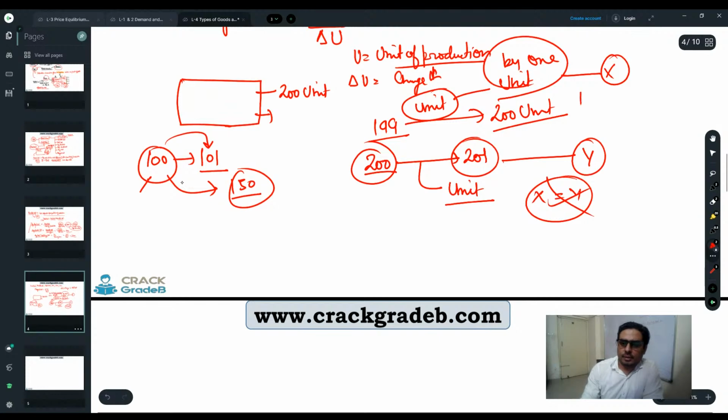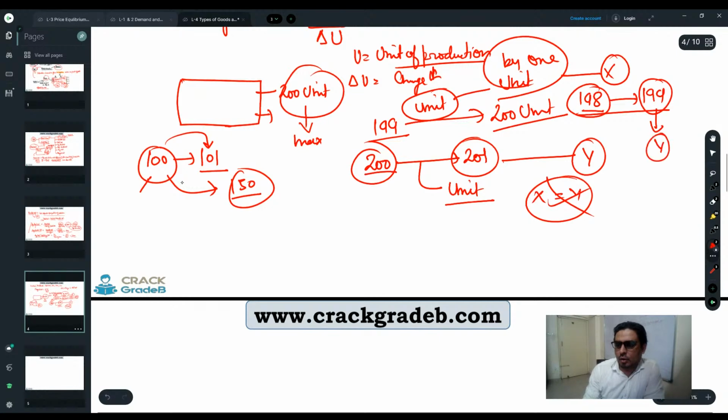Whereas if the firm is producing 198 and they want to increase to 199, the firm has a maximum capacity of 200 units. Now they want to increase from 198 to 199, and they found that the extra cost required is z.